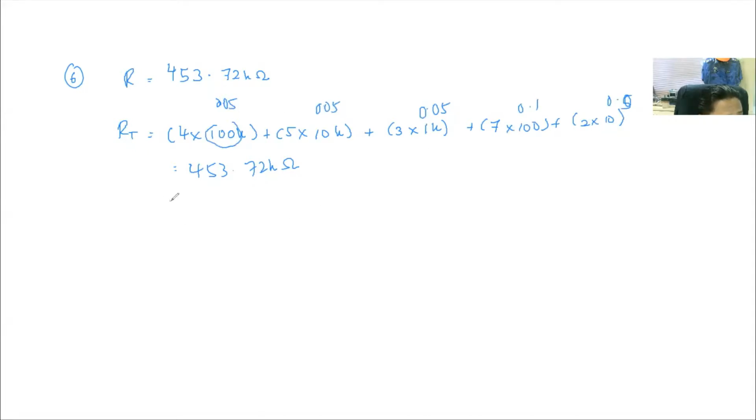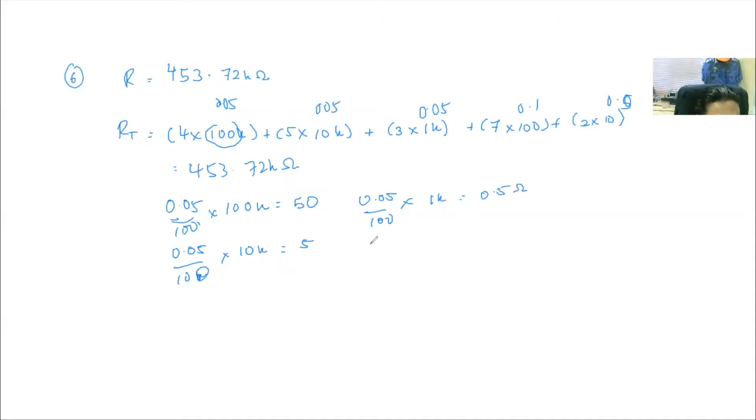For example, 0.05% multiplied by 100k equals 50 ohms. 0.05% multiplied by 10k equals 5 ohms, and 0.05% multiplied by 1k equals 0.5 ohms.